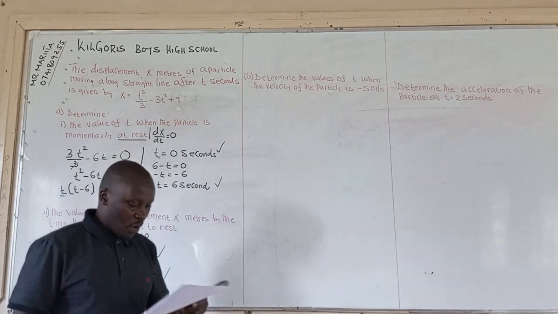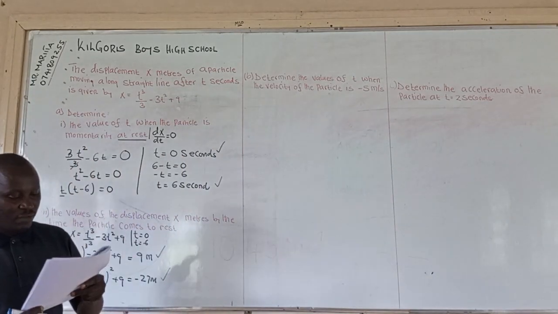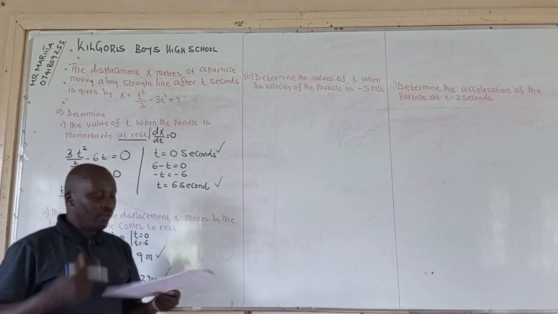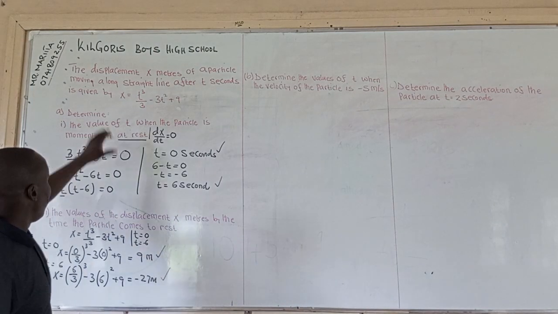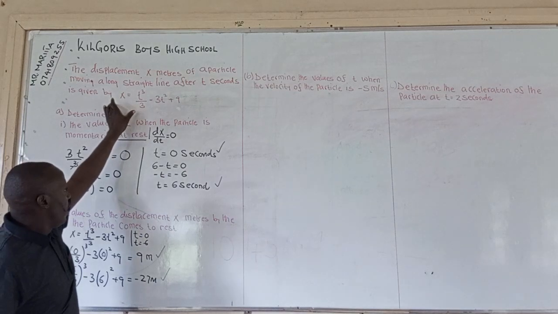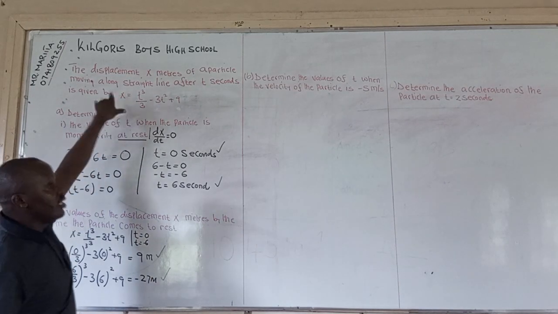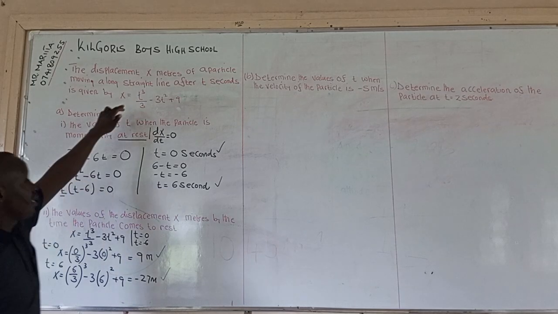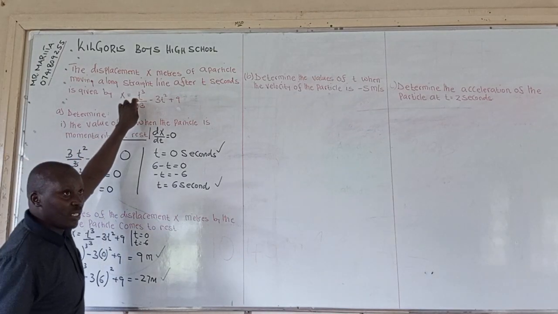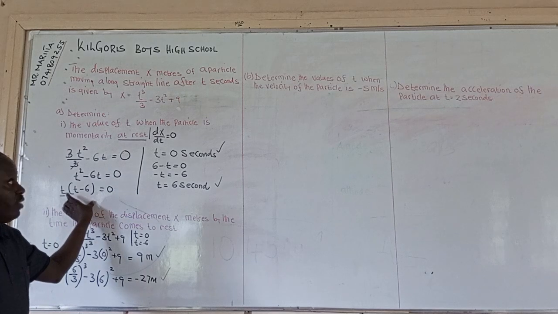Then part b, we are supposed to determine the values of t when the velocity of the particle is equivalent to negative 5. Remember, this is our displacement. Once we differentiate displacement, we have the velocity.